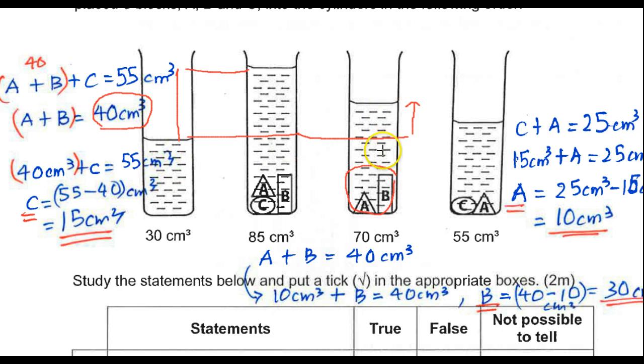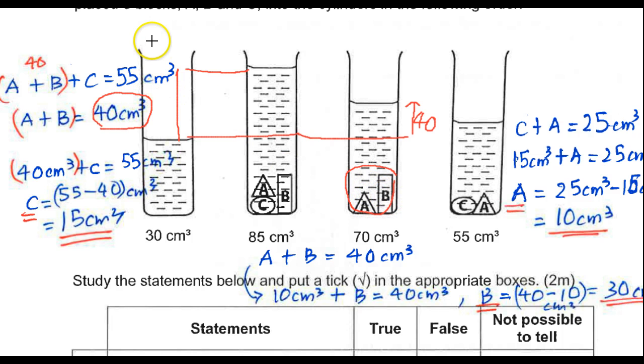Total is 70, minus the water 30, you get 40. The water rose by 40 cubic centimeters, which means A and B is 40.